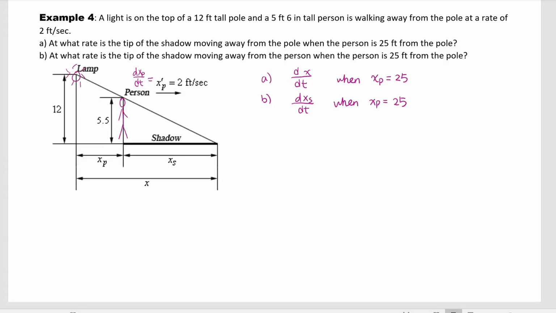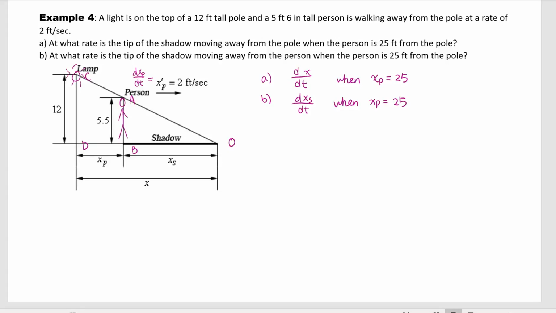Okay, so in order to get a relationship between the variables, here we see some triangles, so let's give them some vertex names. So that's OAB and OCD.